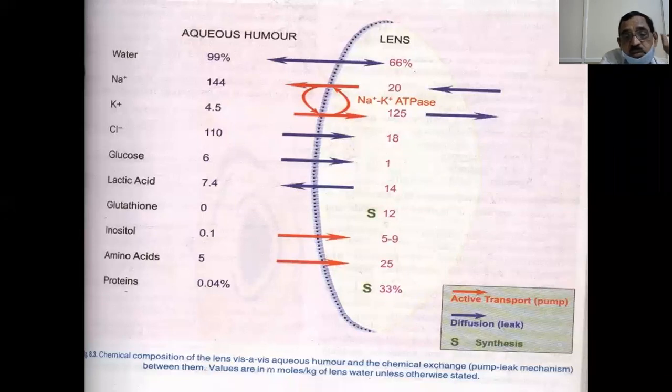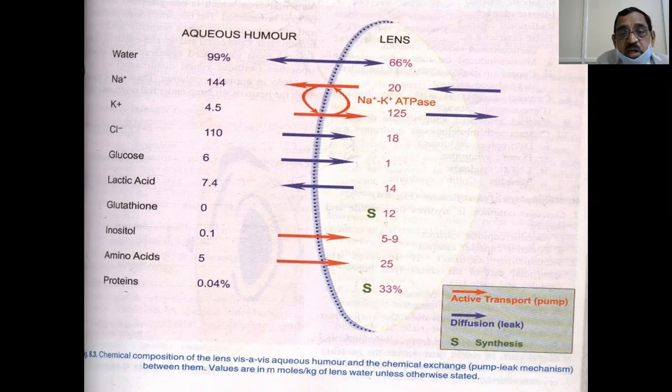So this is how there will be transfer of the electrolytes and amino acids from the lens to the aqueous humor. And the glucose will be taken from the aqueous humor for its metabolism by the lens.